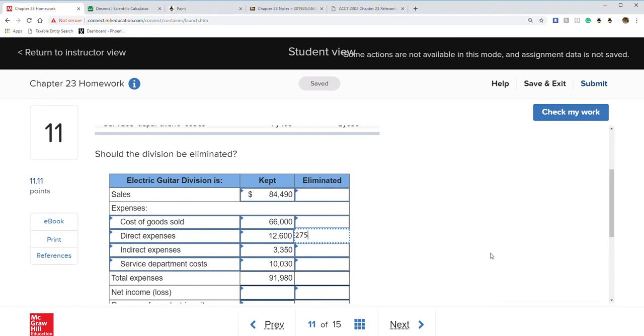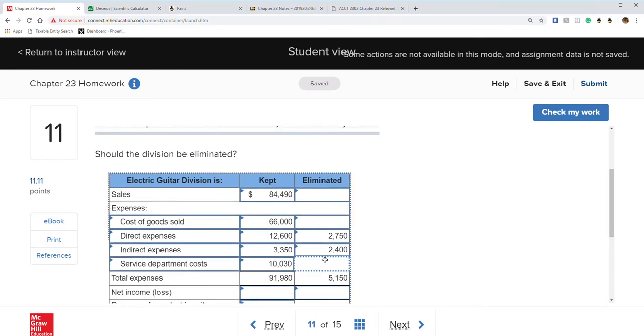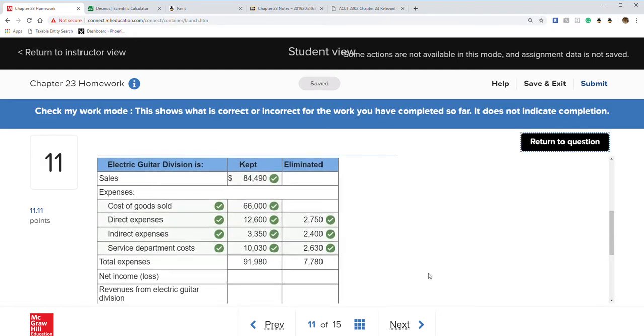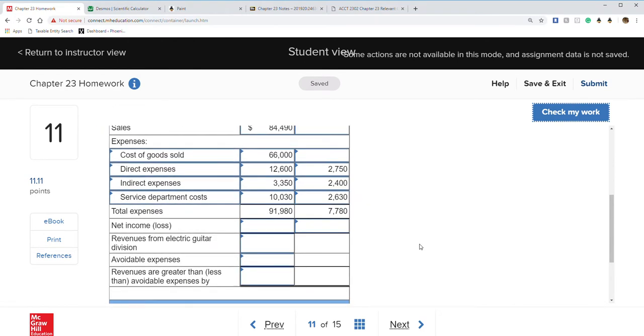So, let's see. Because again, unavoidable does not go with us. And that's what they want. Okay, so let's see how they're trying to figure this out.